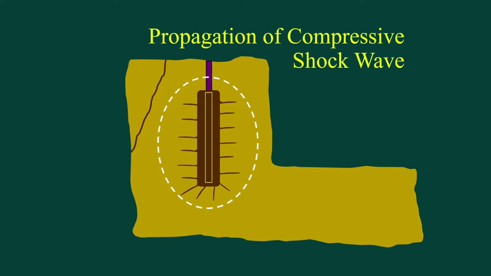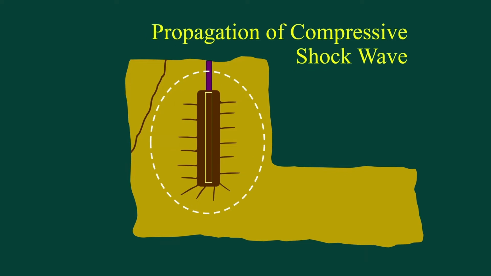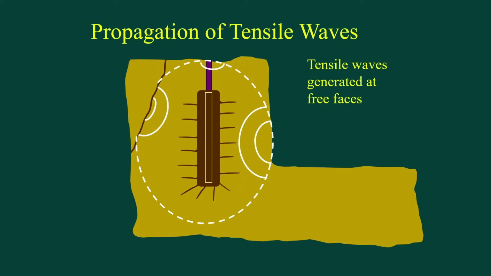The shock wave radiates further and further until eventually it meets this free face here. This is also a free face, and this joint also acts as a free face, and the compressive shock wave is reflected back. This time, however, it is a tensile wave that is reflected back.